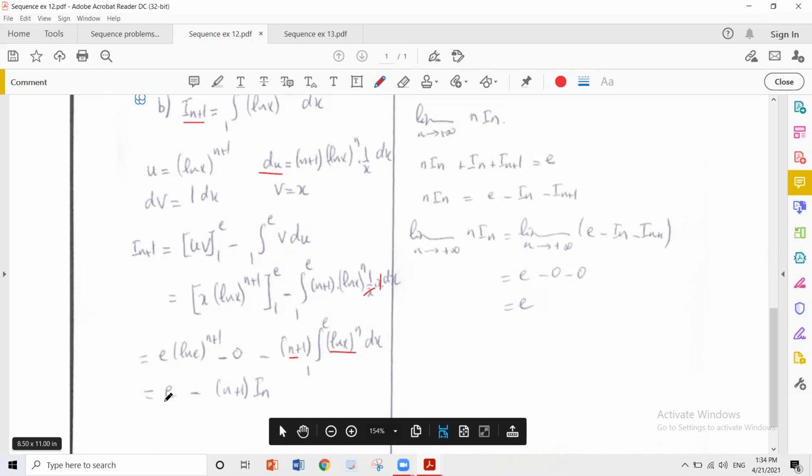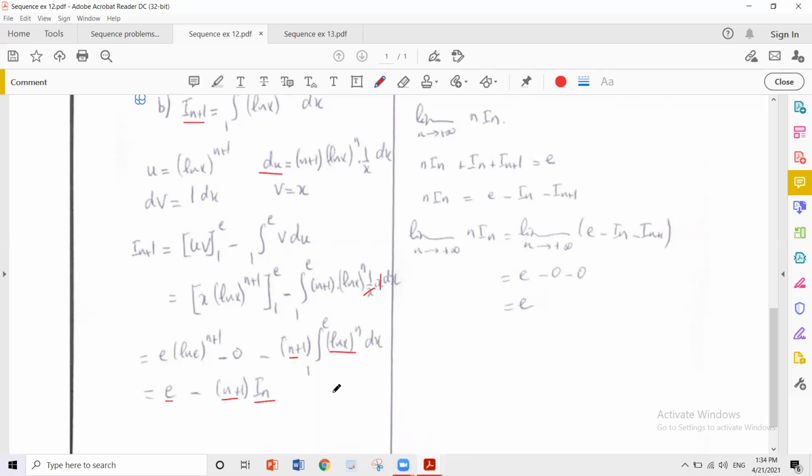So we get e minus (n+1) I_n. Why is this e? (ln e) to the power n plus 1, and ln e is 1. Yes.